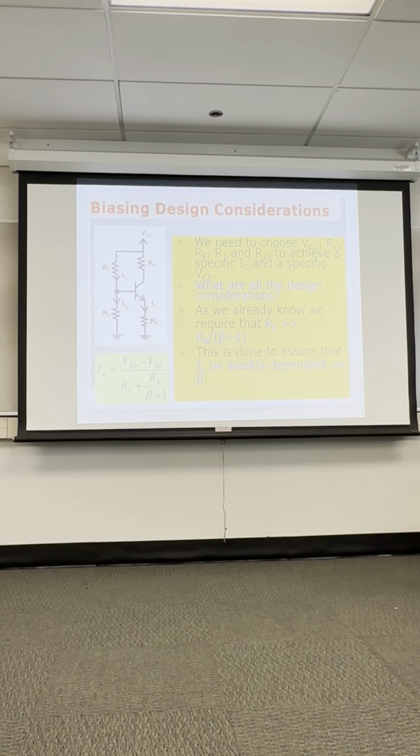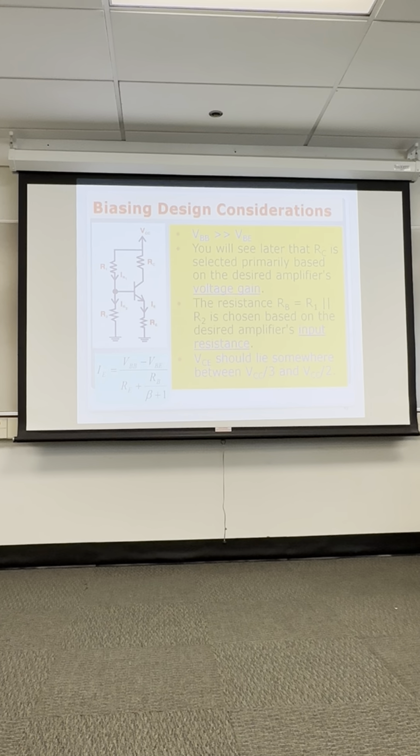All right, this is just reviewing the current driver. R sub E should be much greater than R sub B over beta plus 1, and that gives us the weak beta dependence here. The base voltage must be greater than the base-emitter voltage, which is 0.7.